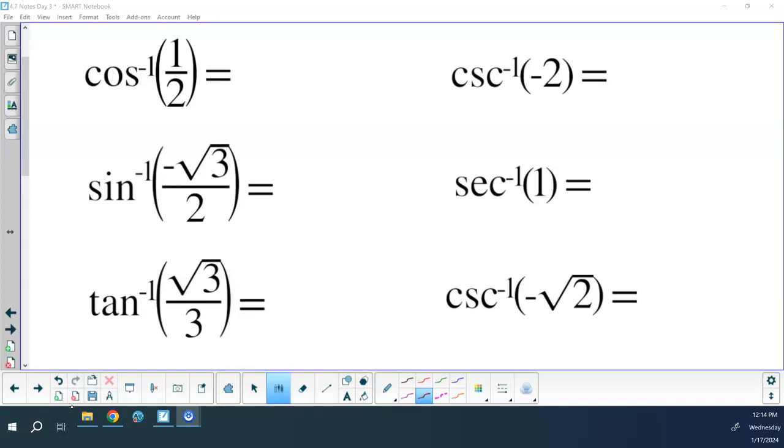And it just so happens to happen at pi over 3. I'm going to go down the column. Sine, negative root 3 over 2. I'm looking right half of the unit circle. I want to find where my y value is negative root 3 over 2. That happens at 5 pi over 3. But because it's sine, I got to adjust it. And so I'm going to say that that is negative pi over 3.